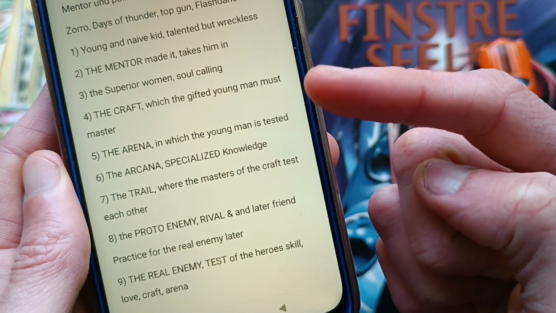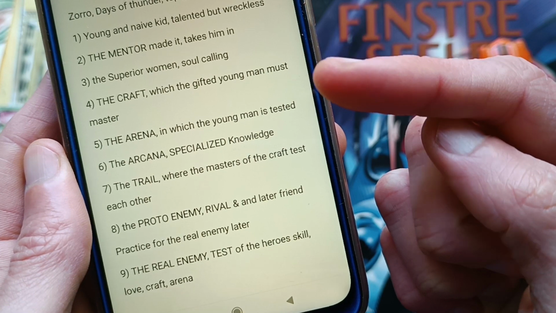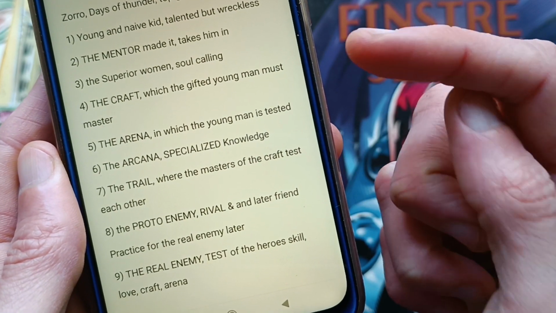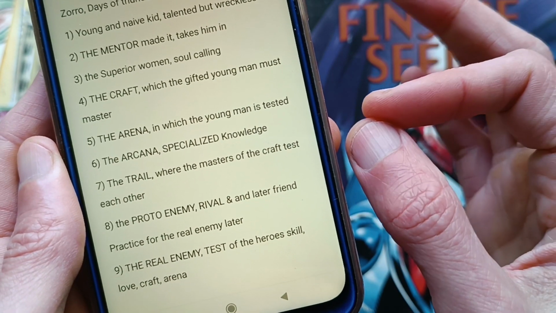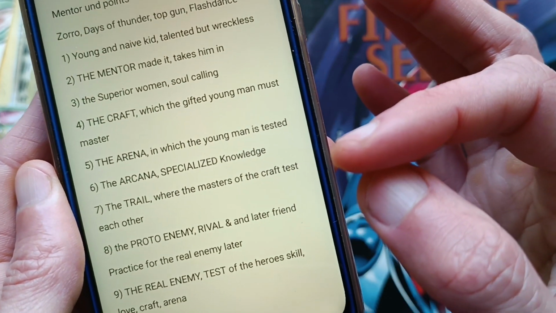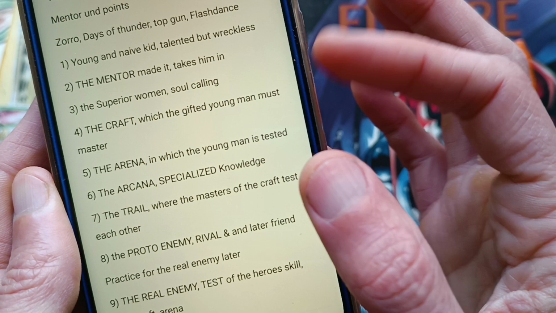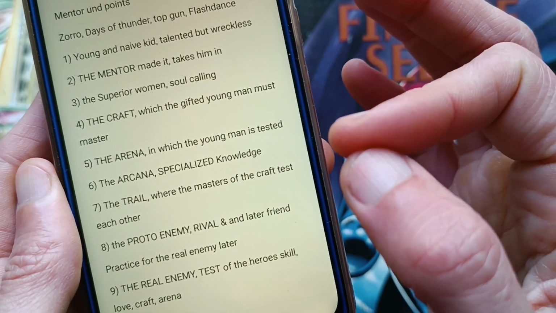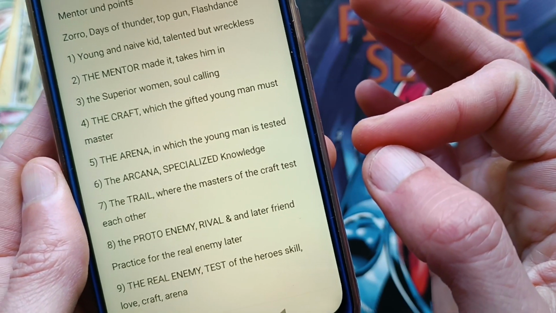I don't know, somewhere here should be the crisis. I don't know where the crisis is. Maybe I skipped a point. But at the midpoint of the story, before we come to the ending, there should be a point where there is a definite crisis.